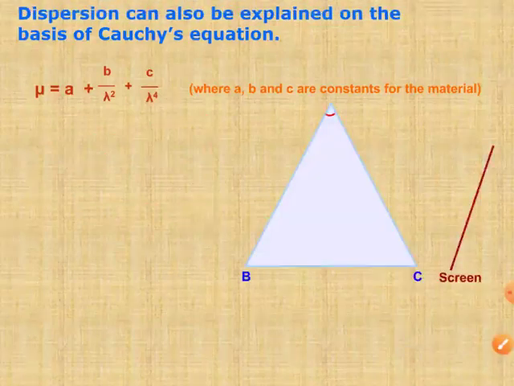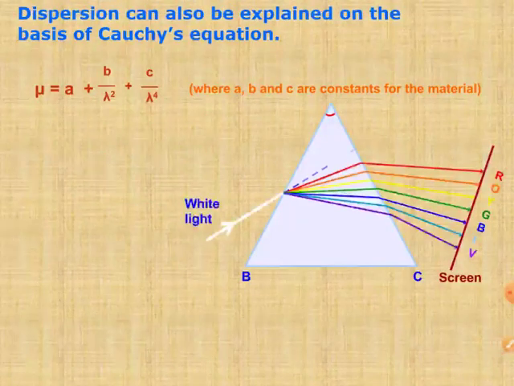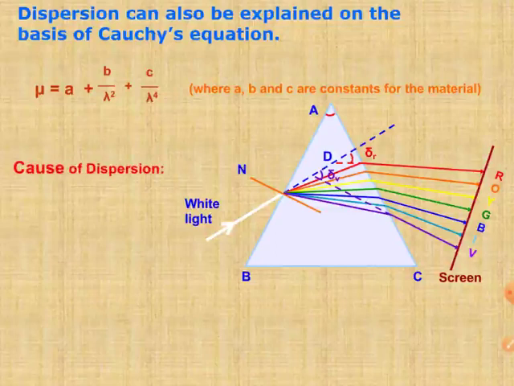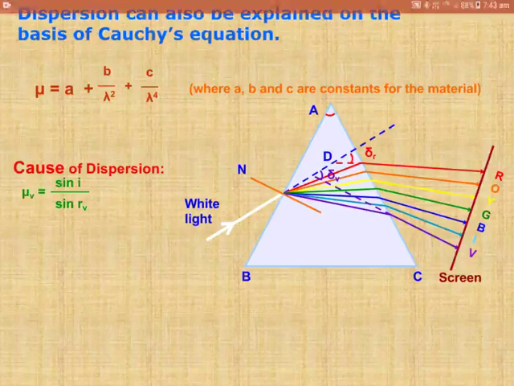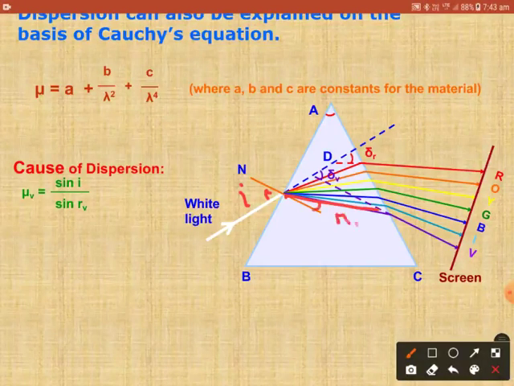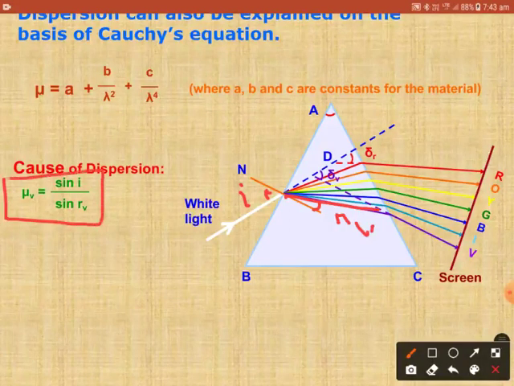You can also express it in terms of the angle of refraction. We know from Snell's law that mu v is equal to sine i divided by sine rv. I told you that this sine i will be constant for all the colors. Let's take it for violet. If you take this as rv, then as per Snell's law, mu v will be equal to sine i by sine rv.